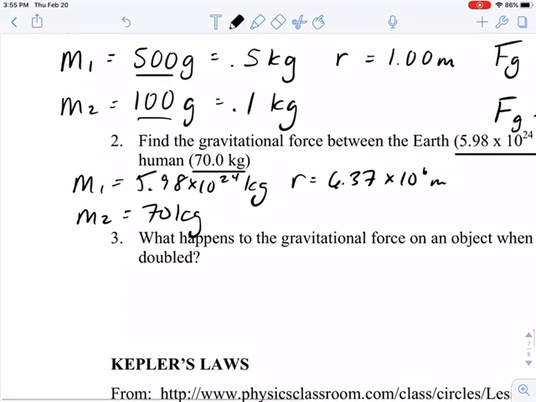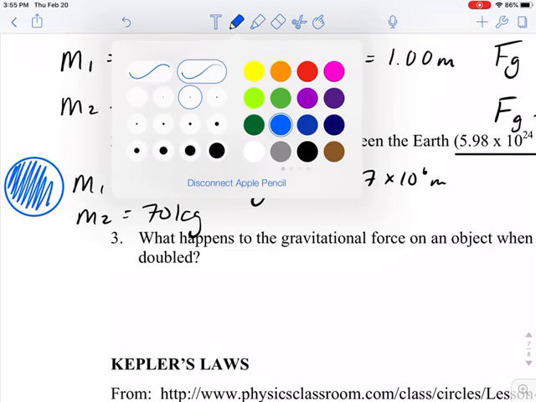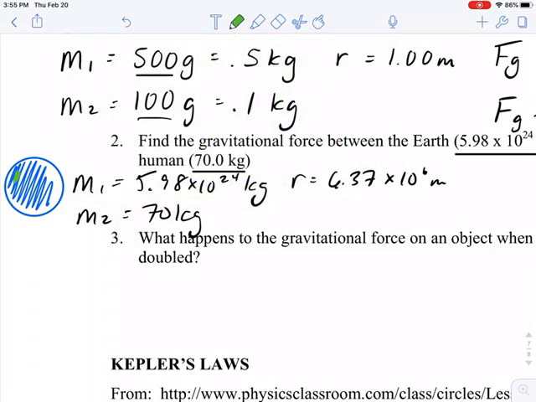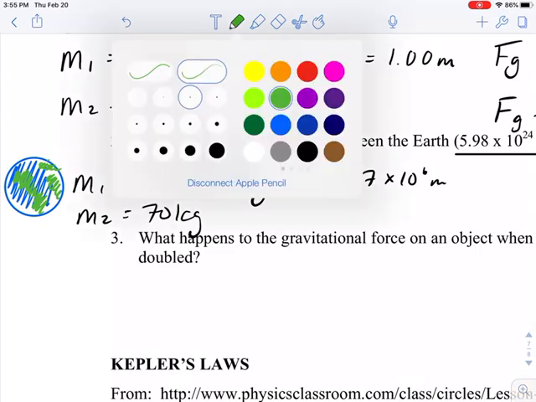So what we are assuming here, I'll just draw a quick sketch of the Earth. Here's the Earth. Big blue marble. There's North America, South America, Africa, Europe, Asia. Okay, I'm getting too into it.